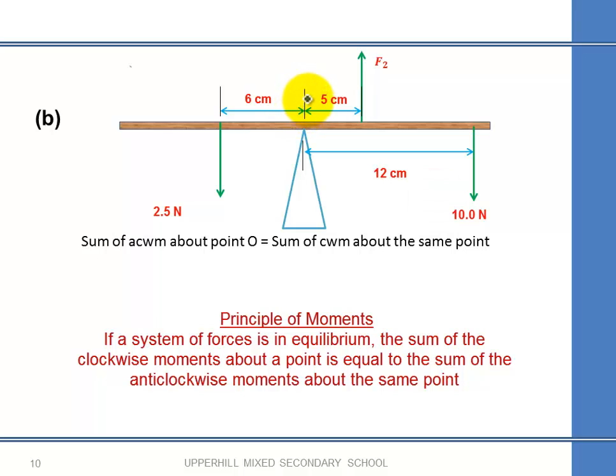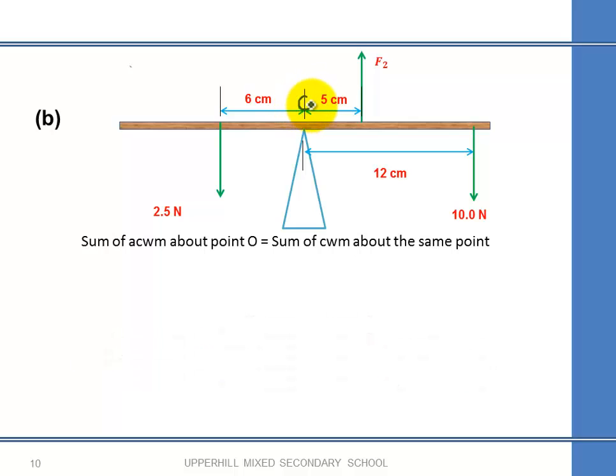So as in our previous question, this is the turning point. This is the point about which the system turns. So the 2.5 Newton force tends to turn the system anti-clockwise, and F2 anti-clockwise. 10 Newton force clockwise.